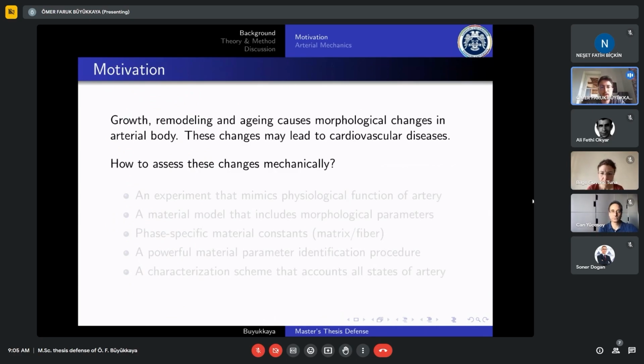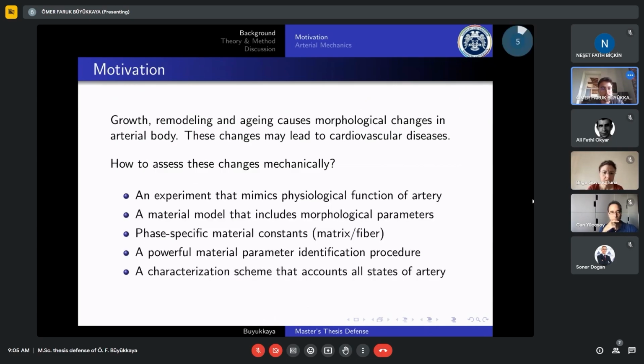Growth, remodeling, and aging cause morphological changes in the arterial body. These changes may lead to cardiovascular diseases. We are actually able to assess these mechanical changes, but we need some things. First, we need an experiment that mimics the physiological function of the artery in order to get a mechanical relationship between loading and response.